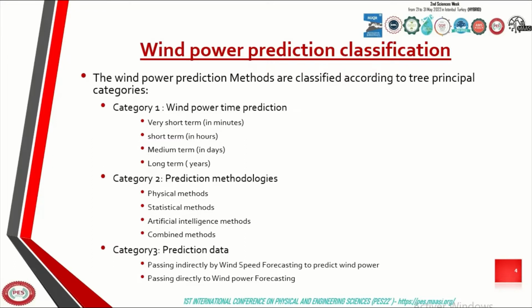And secondly, we have prediction methodology. We have the physical one, the statistical one, artificial intelligence methods, and the combined methods. And finally, it's according to prediction data. We can predict wind power indirectly by passing through wind speed forecasting, or directly through wind power forecasting.